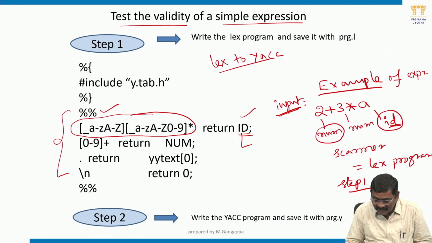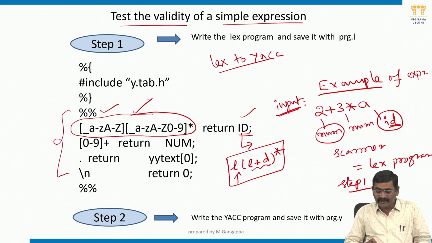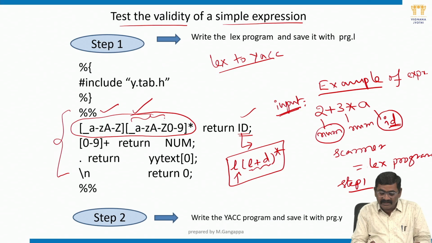Generally an identifier in the C programming language is a letter followed by letter or digit, whole star. Meaning the first character must be a letter, followed by the second character onwards, which can be either letter or digit. The same thing can be expressed in this way. Letter can be a to z or capital A to Z, and the digit is 0 to 9, whole star.